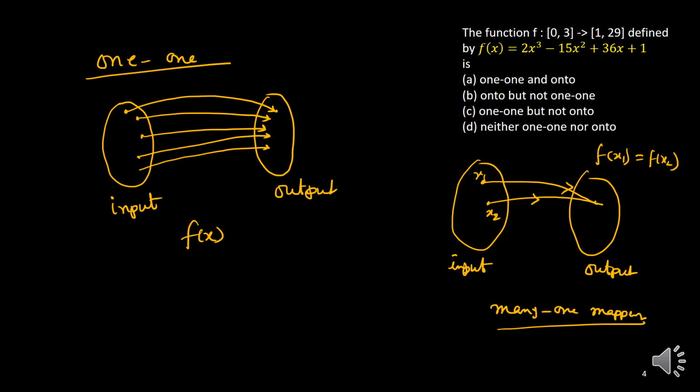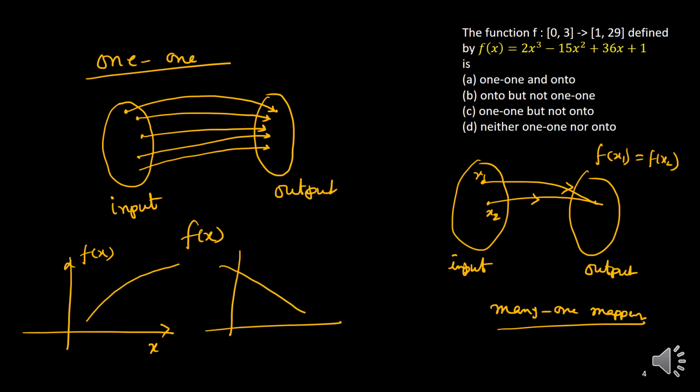Now my claim is that if this is the x-axis, and I plot this function f of x, if the function is growing continuously, or the function is decreasing continuously, this is the x, this is your f of x. If I consider one interval here, this is my domain. Suppose this point is x1, this is your x2.